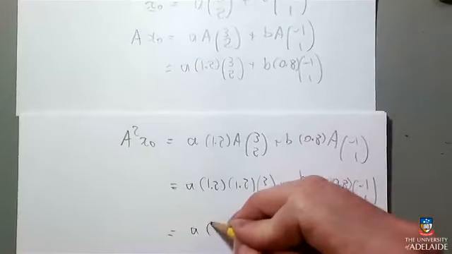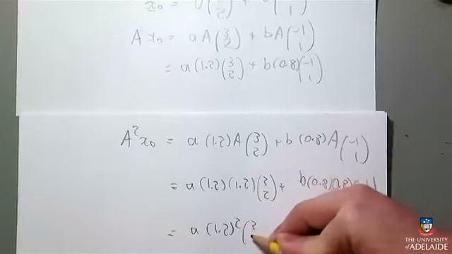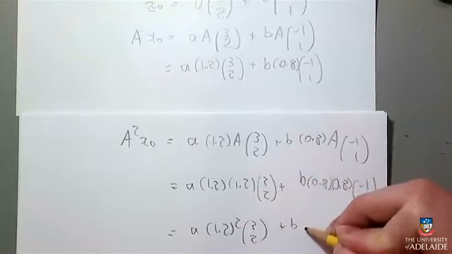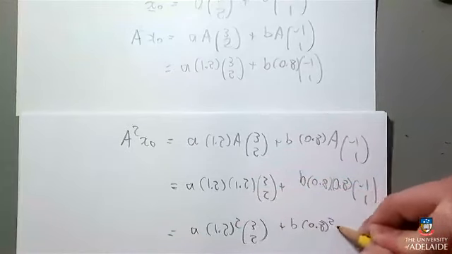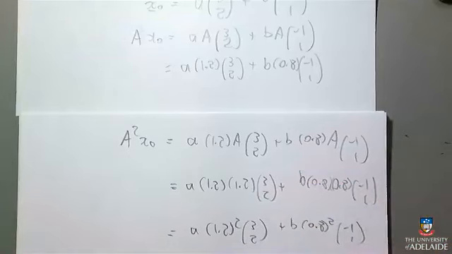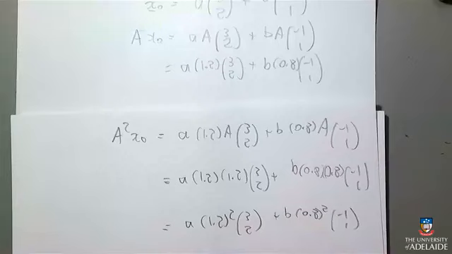And so I get A times 1.2 squared, 3, 0.8 squared minus 1. And we can imagine doing it again. If we times by A cubed, we're going to get a 1.2 cubed and a 0.8 cubed. And if we go to A4, we're going to get a 1.2 to the 4 and a 0.8 to the 4.